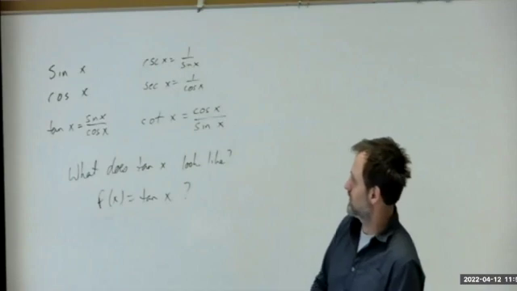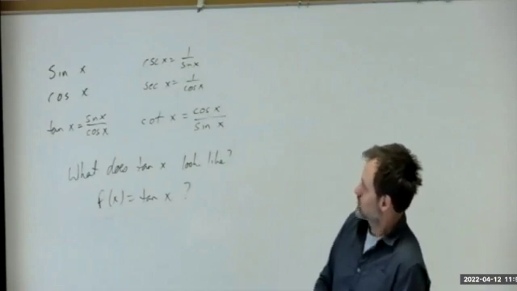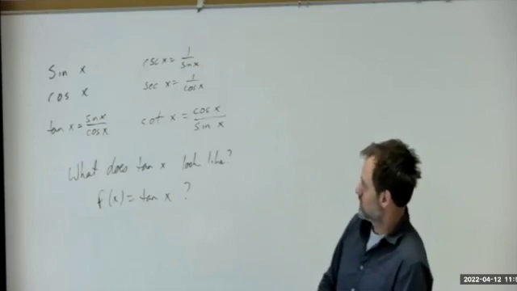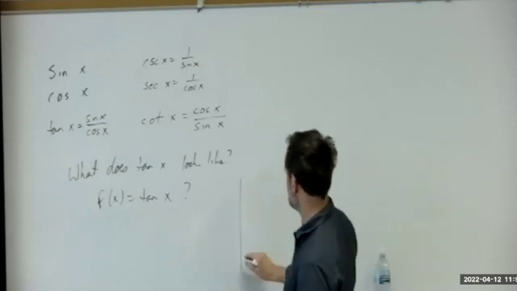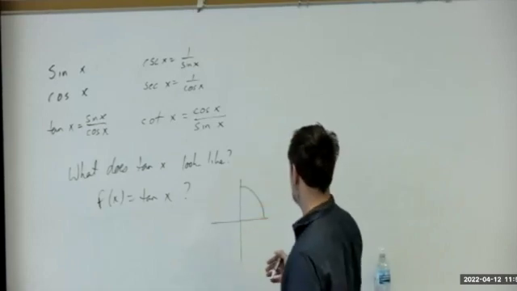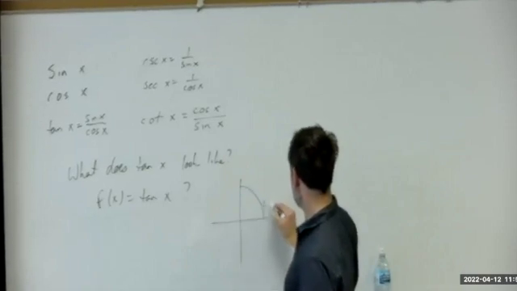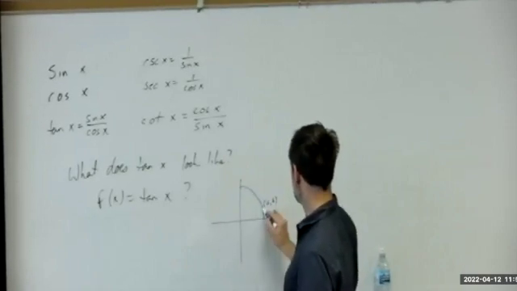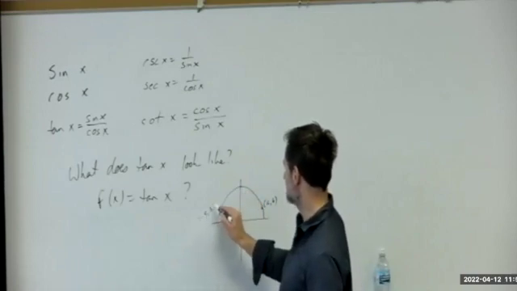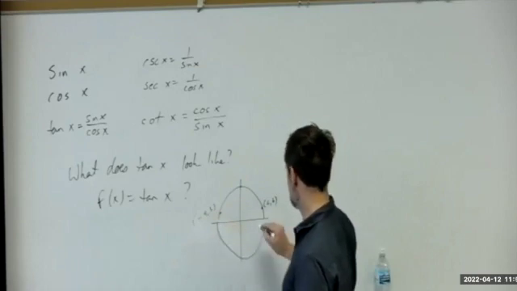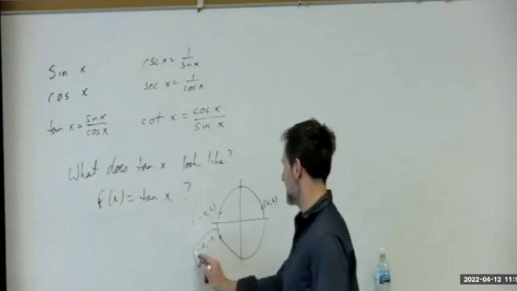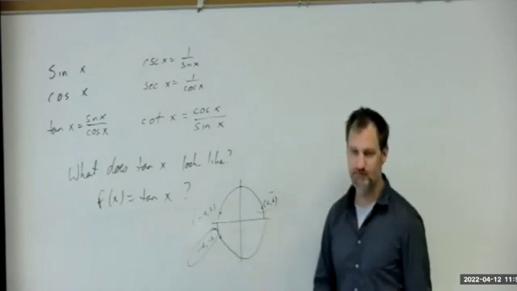And in fact, its period is actually half of the period of sine and cosine, because if you think about a unit circle and the tangent values, which are just the y values divided by the x values, say you have A, B. Well, when you reflect it over here, you're going to have negative A, B. When you reflect it down here, then you're going to have negative A, negative B. But this tangent and this tangent are the same.